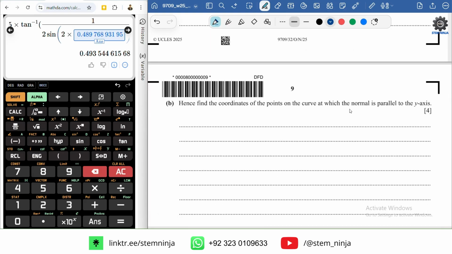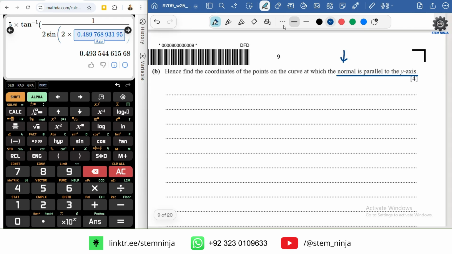Hence find the coordinates of the points on the curve at which the normal is parallel to the y-axis. So normal, not tangent. If they say the normal is parallel to the y-axis, that means the tangent is parallel to the x-axis. So when the normal is parallel to the y-axis, then the tangent is parallel to the x-axis.